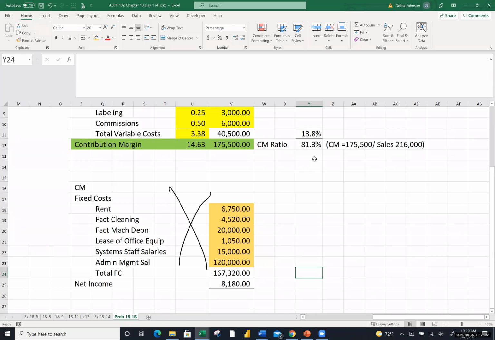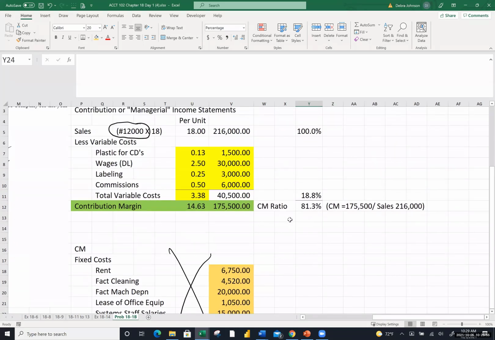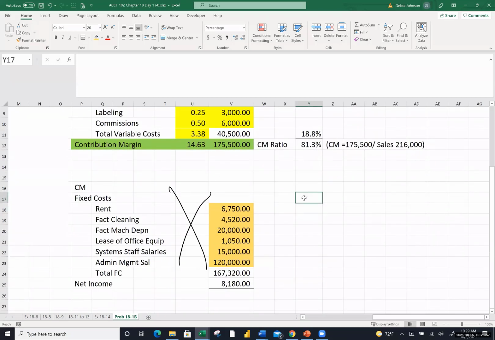So, for example, the question could be asked a bunch of different ways. If they sell, for example, 5,000 more units, could you tell me, without doing a big old income statement, what the net income line would be? Well, here's the contribution margin on a per unit basis.